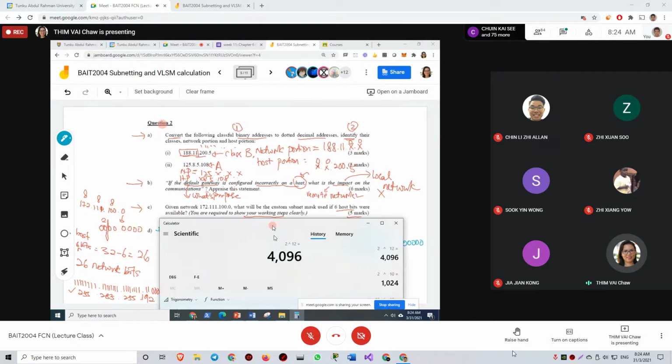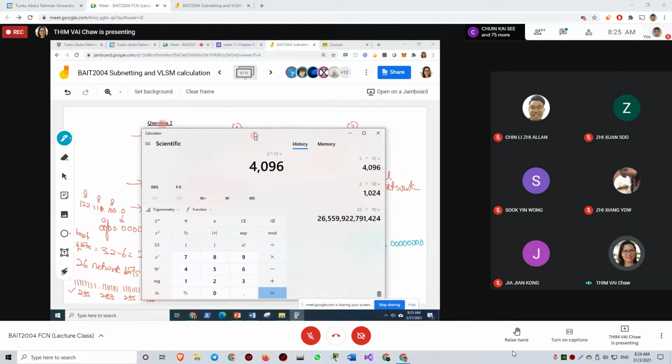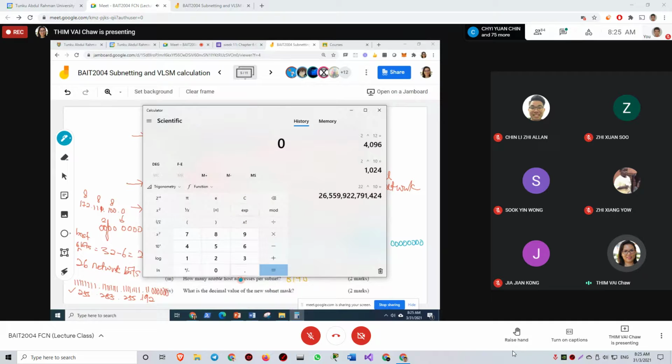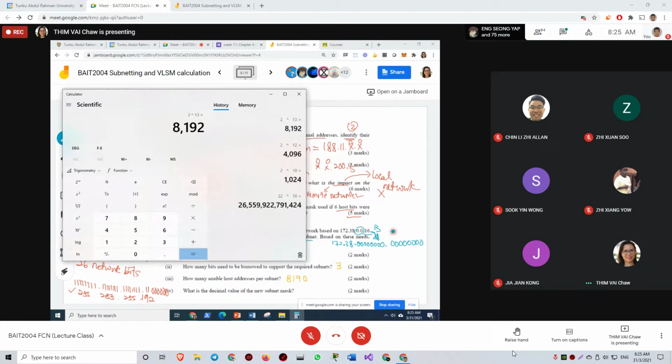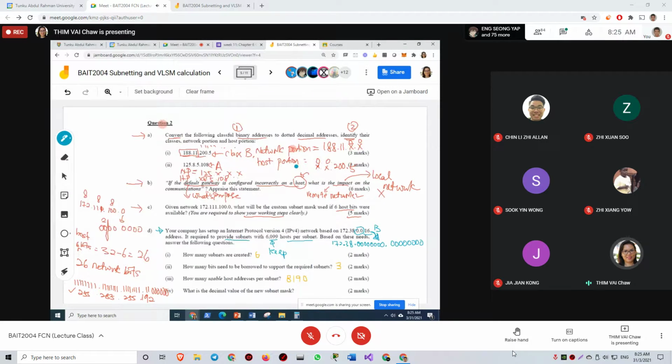I need 6,000 here. So I'm going to use 2 to the power of 13. Okay, 2 to the power of 13 is 8192. So it means that I need to keep 13 bits.